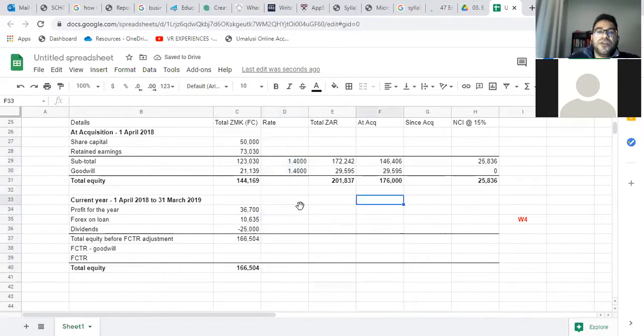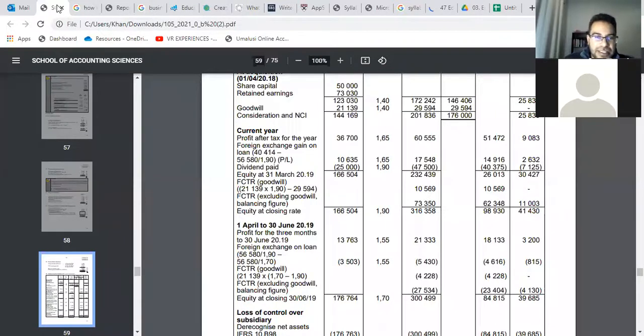So, profit for the year. Profit for the year is an income statement balance. Technically speaking, you must use a transaction amount, but obviously we're not going to do that, so we use the average exchange rate. So we use the average exchange rate for the 2019 financial year.